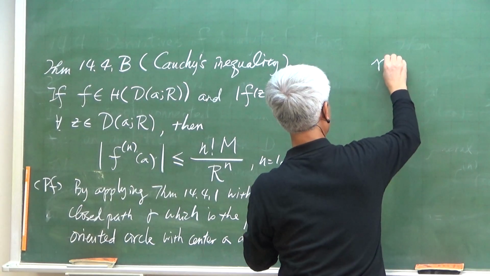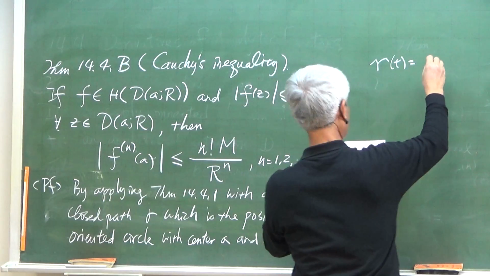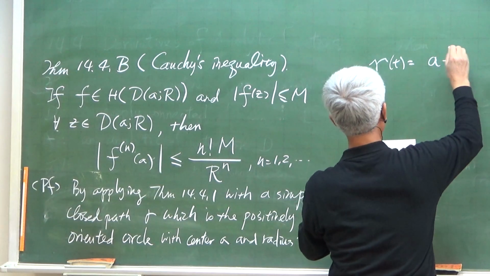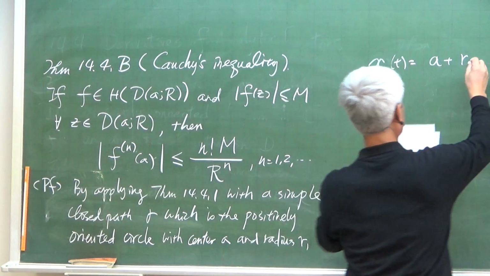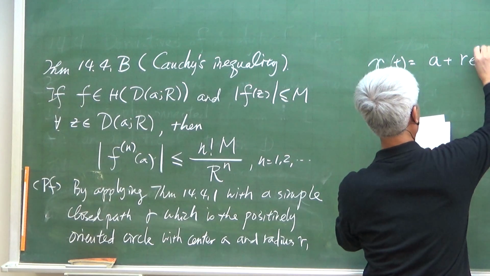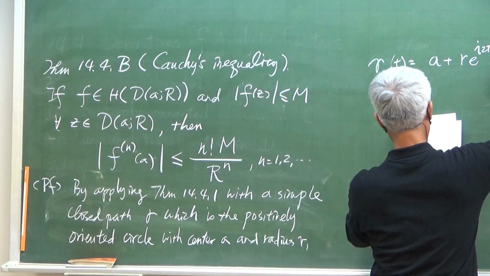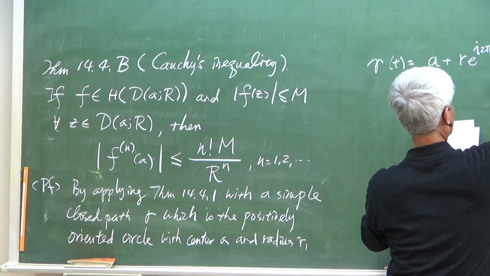So gamma is equal to A plus little r e to the i 2 pi t, where t is from 0 to 1.